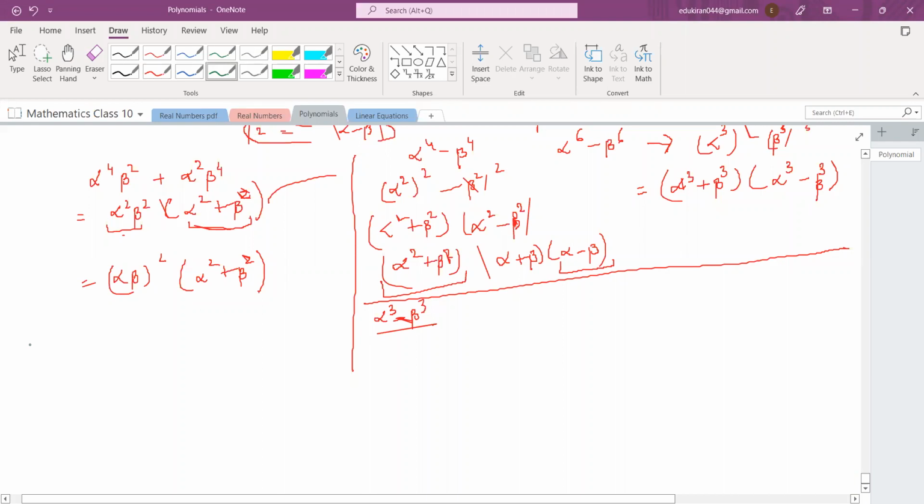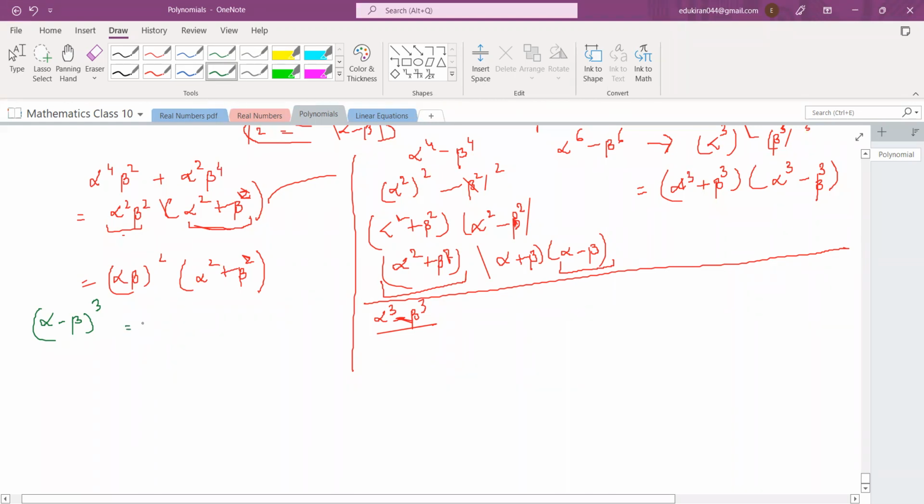So in the alpha minus beta, let's start with this one. If I start with alpha minus beta whole cube identity. Okay, so this will give me, what is the formula?